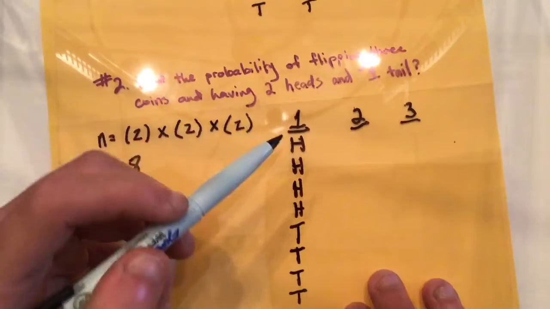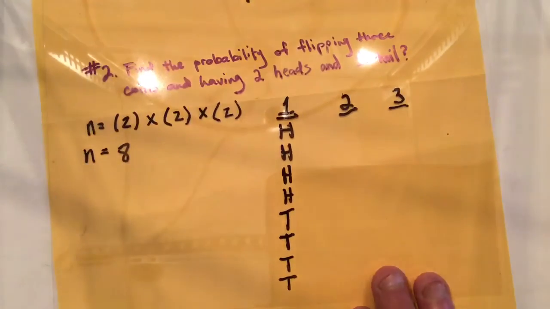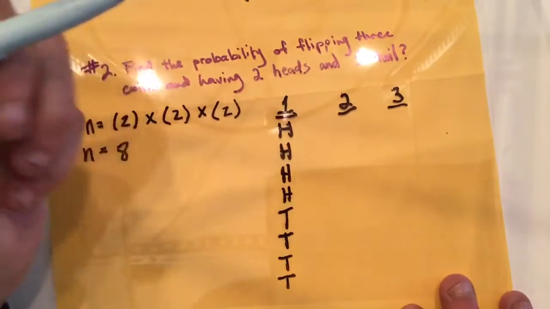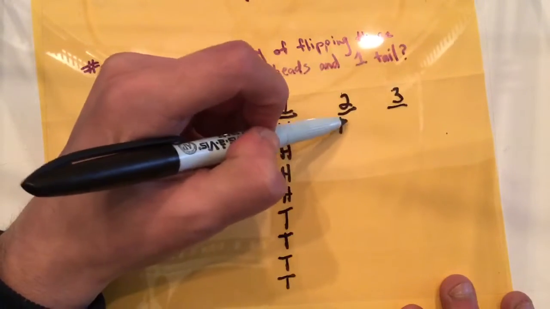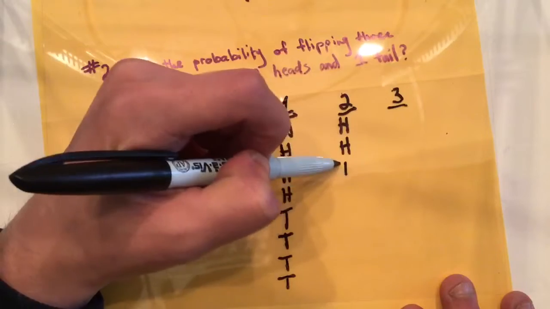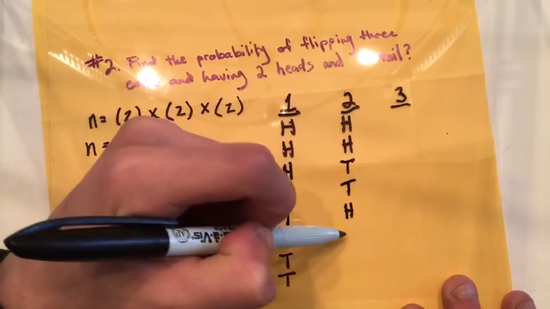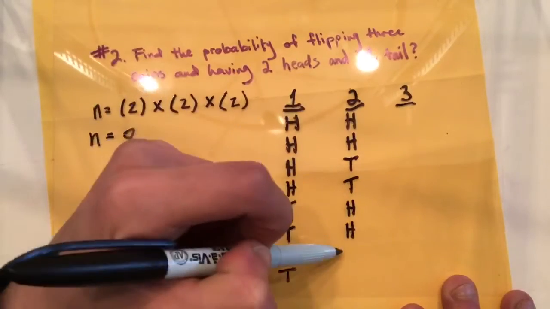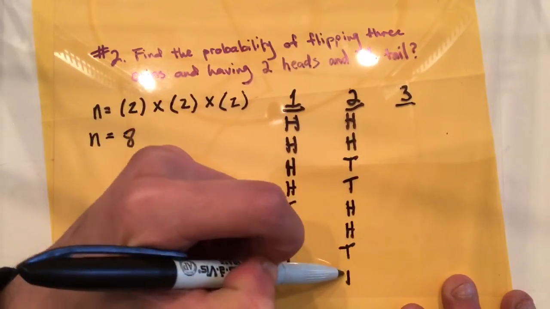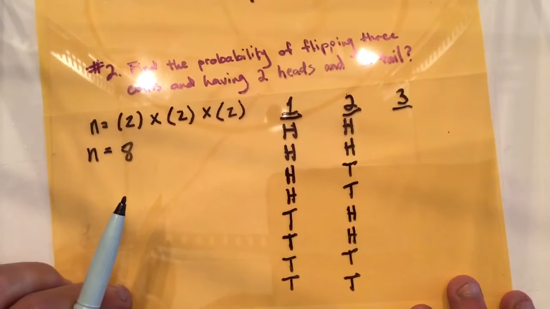You'll notice that I did 4 heads and 4 tails, so splitting it up 50-50, just like I did before, just now with 8 rows. For the first coin I'm going to go heads, heads, heads, heads, tails, tails, tails, tails. For the second, heads, heads, tails, tails, heads, heads, tails, tails, again splitting it up evenly with a different pattern.